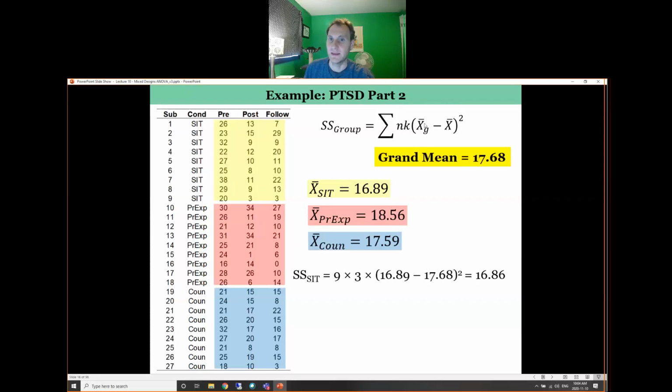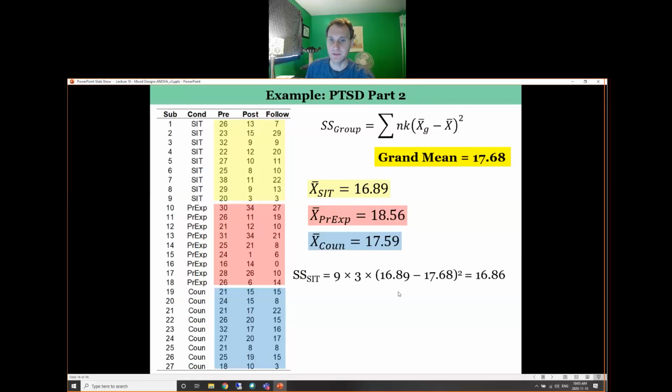Next, I take that group mean and I subtract the grand mean and square the result. And then I have to multiply it by the number of observations that form that group mean. In this case, it's n, the number of people per group, times k, the number of repeated measurements, because there's 9 times 3 observations in this yellow square that made this yellow mean for the stress inoculation therapy.